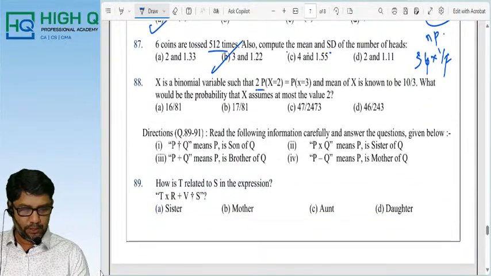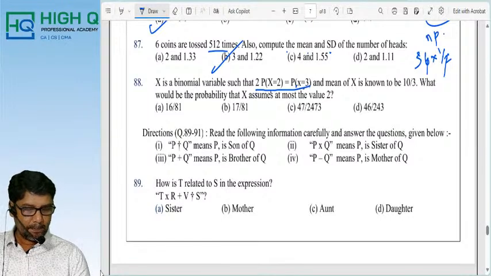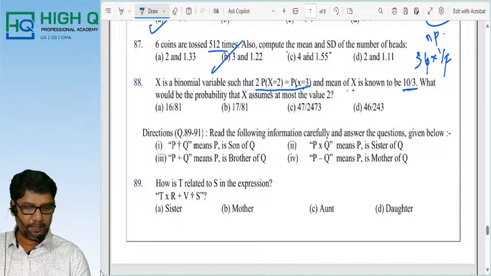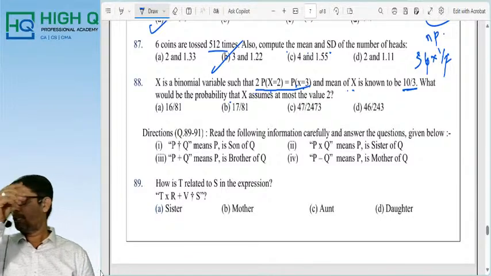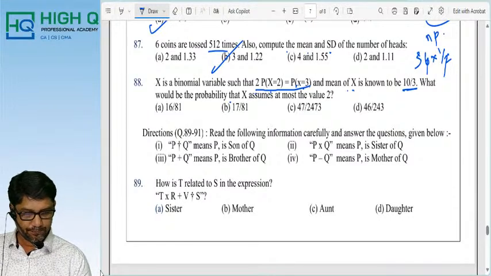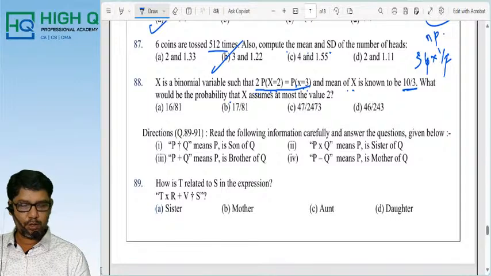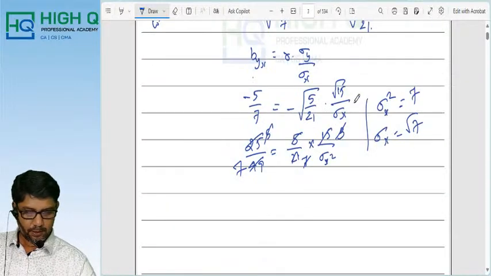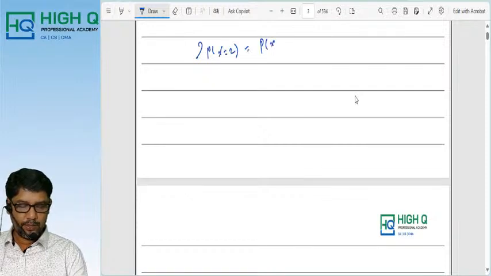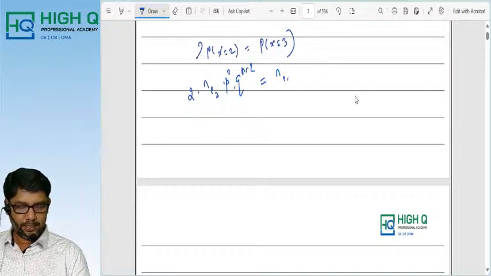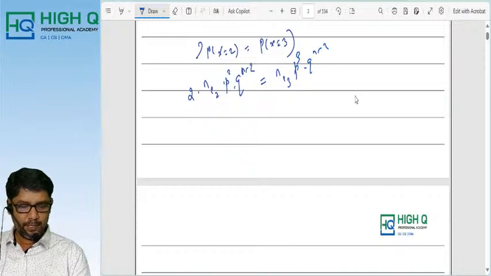Now, little challenging. 2 times P of x equal to 2 is equal to P of x equal to 3. Mean of x is known to be 10 by 3. What would be the probability that x assumes at most the value 2? Little time consuming. Look at this. I will do it little fast. 2 times NC2 P power 2 Q power n minus 2 equals NC3 P power 3 Q power n minus 3.